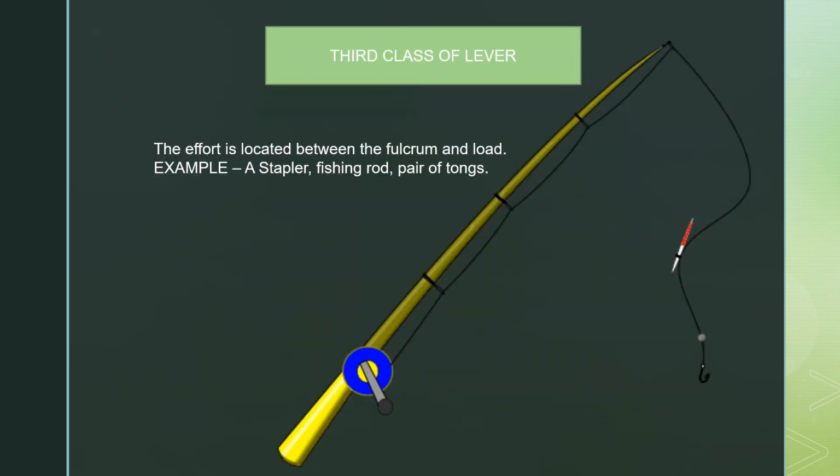Third class of lever. The lever has the effort in the middle between the load and the fulcrum.